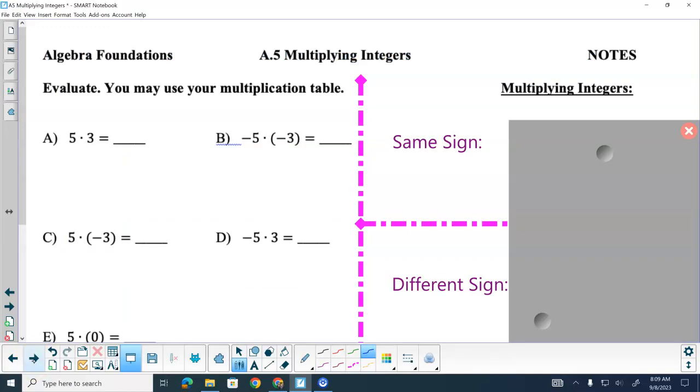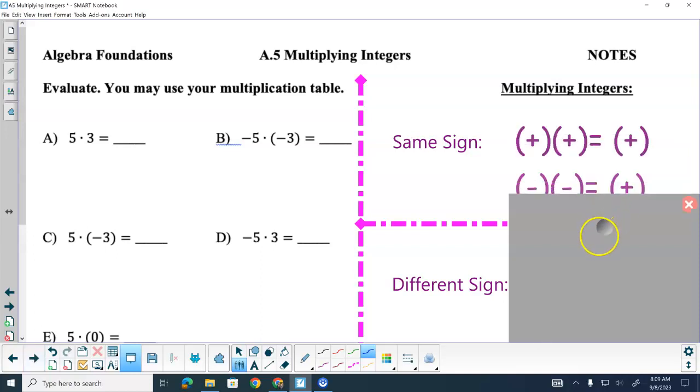So before we start this, I think this is good. Way over here on the side, where your multiplying integers is, that's where you're going to put this next step. We're going to do what's behind the shade first. Because that's going to help us when we go into there. So if the signs are the same, like a positive times a positive, or a negative times a negative, your answer is always going to be positive.